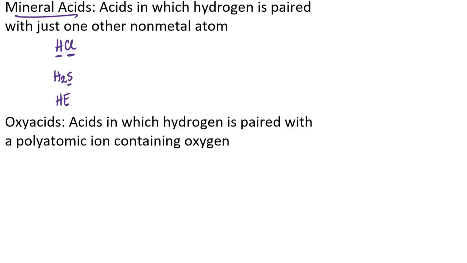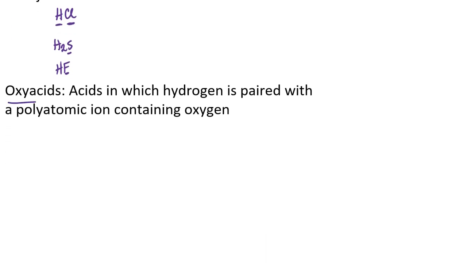However, there's another class of acids called oxyacids. And it's a lot like what it sounds like. I've got hydrogen that's paired up with a polyatomic ion, and this polyatomic ion happens to contain oxygen. One example would be this acid, in which I'm pairing hydrogen with the sulfate ion.